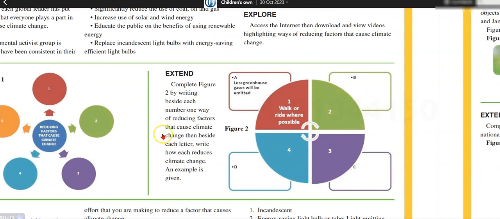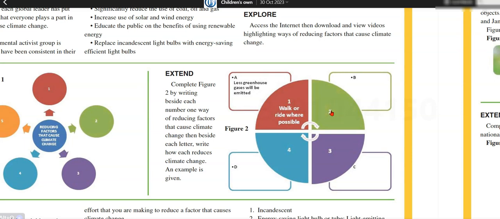Extend. Complete figure 2 by writing beside each number one way of reducing factors that cause climate change. Then beside each letter, write how each reduces climate change. An example is given. So less greenhouse gases will be emitted. So here, if I walk or ride, cool.